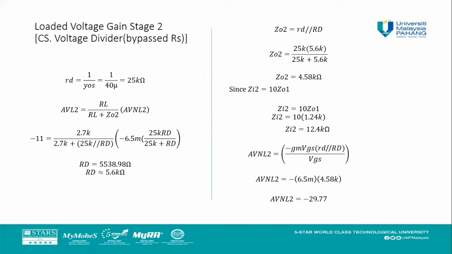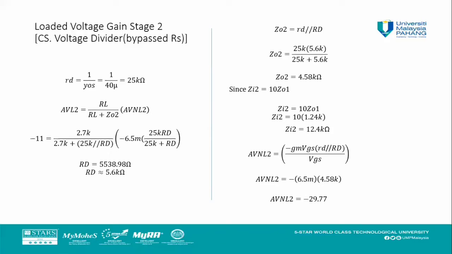Okay, next, moving to the loaded voltage gain stage 2, common source voltage divider bypassed RS. Before this, we calculated RD equal to 25 kilo ohms, and we know that the formula for AV loaded 2 is RL over RL plus Z out 2 times AV no load 2. We expand the AV no load 2 equation and substitute the values of RL, RD, and AV loaded 2, and we calculate that RD is 5538.98 ohms, which is equivalent to 5.6 kilo ohms following the standard resistor value.